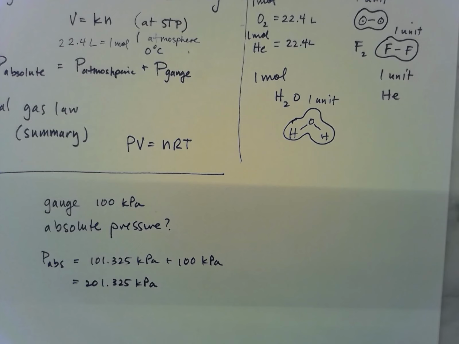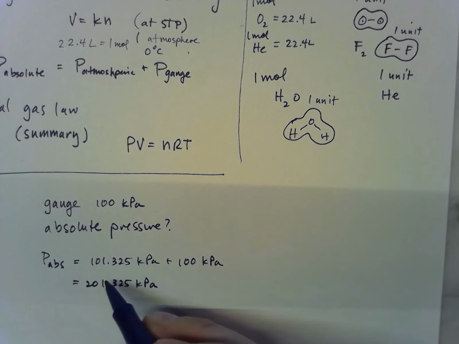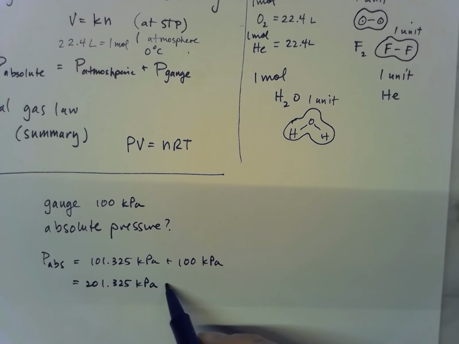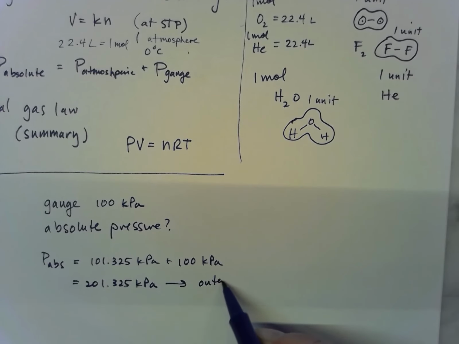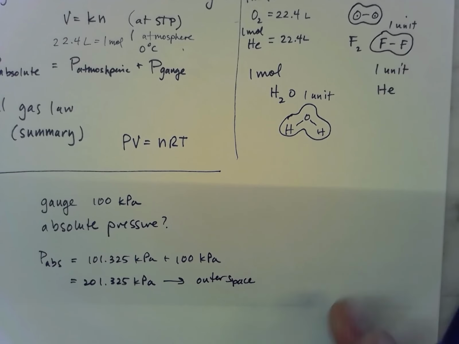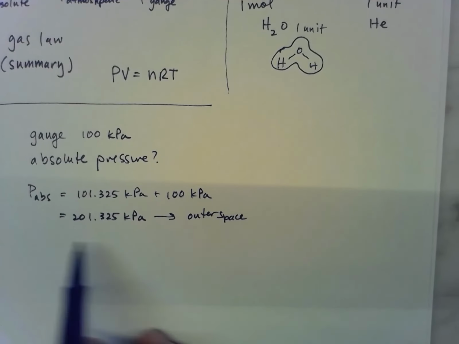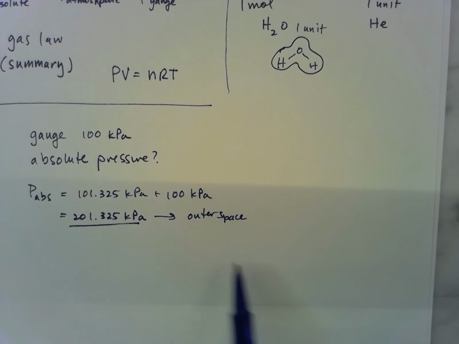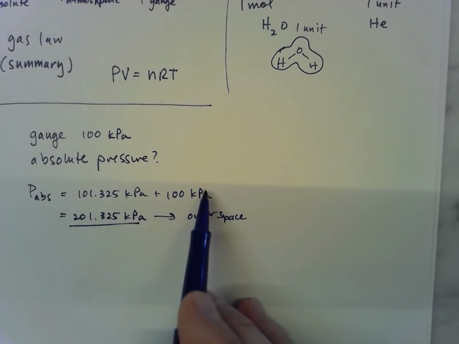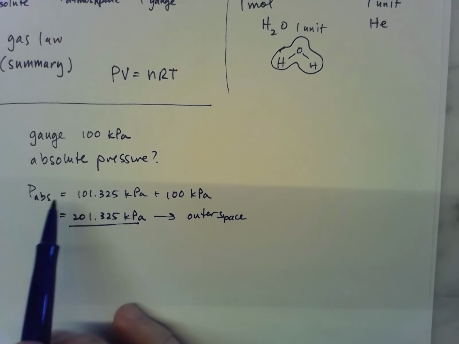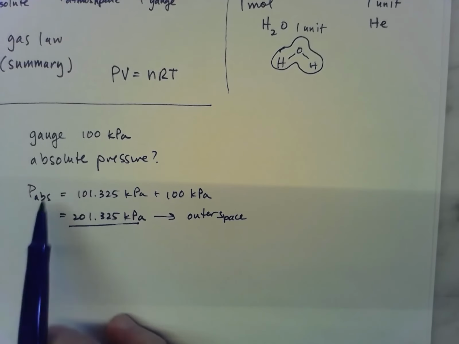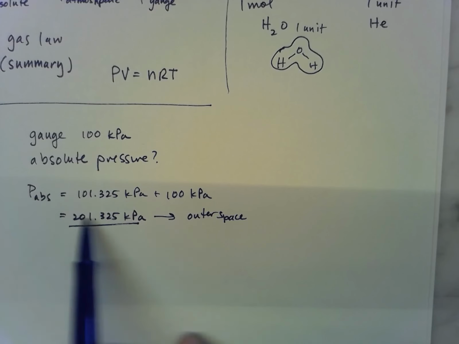And what does that mean? That means that if we took that gauge out into outer space, and we saw somebody like our alien friend, our gauge would then read this. It would literally stop reading this and read that, because at that point it would be reading the absolute pressure, because there is no atmospheric pressure.